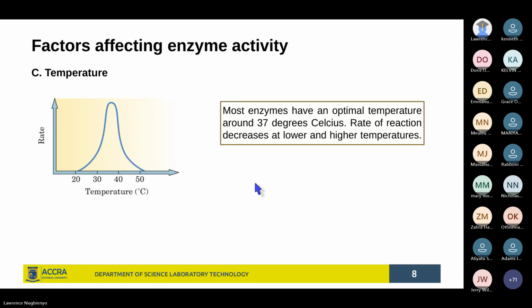Now, at lower temperatures than 37 degrees Celsius, enzymes tend to lose their activity. So the activity of the enzymes gets slower at lower temperatures, that is below this 37 degrees Celsius.